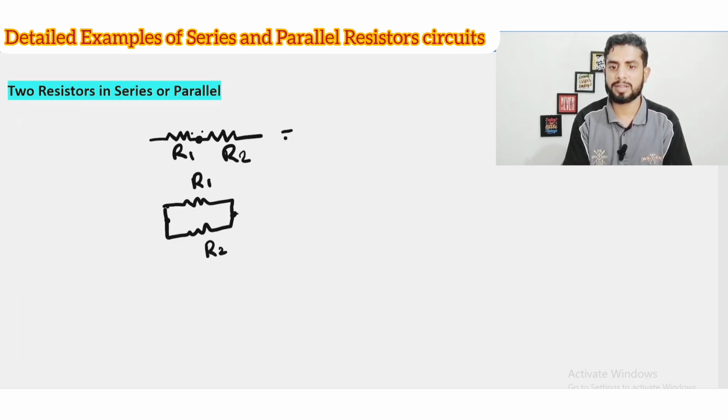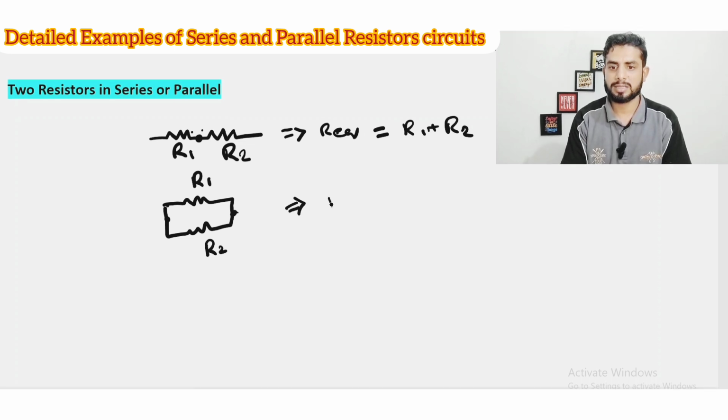So how will I derive the formula for two resistors? For series, R equivalent will be R1 plus R2. For parallel, R equivalent will be, this is their shortcut formula, R1 R2, their multiplication divided by their addition.